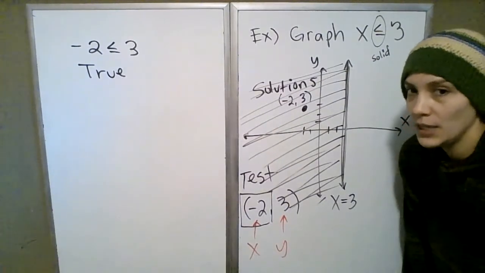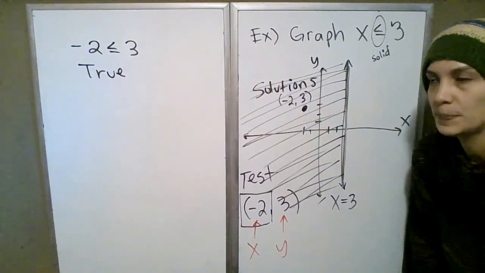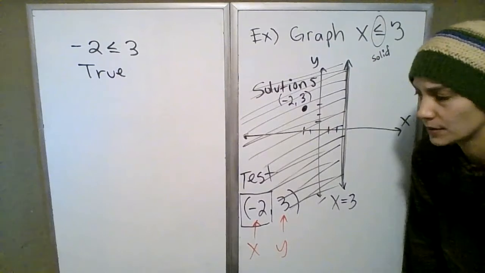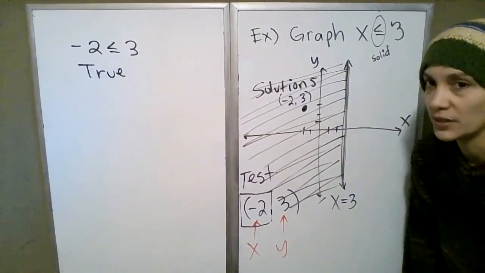Okay, so now what we do is put a few of these together, which is called a system of inequalities in 2 variables. Or we'll just call it a system of inequalities.